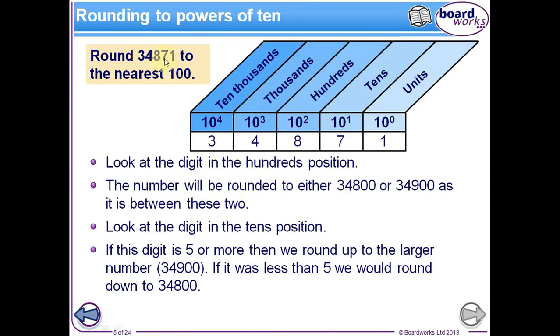If the digit in this tens position is 5 or more than 5, then we round up. Since this is 7, we add 1 to the last digit here, so we end up with 349, then this 71 goes to 0. That is why the final answer will be 34,900. So that is to the nearest 100.